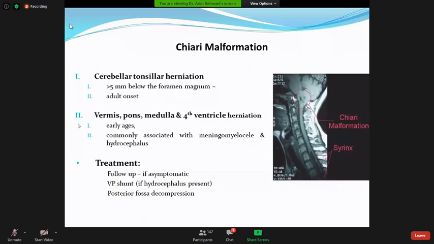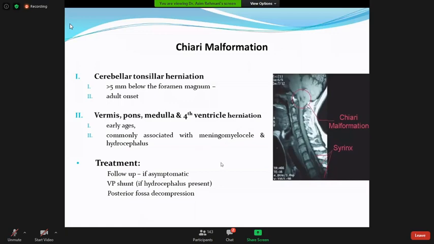The second type of Chiari malformation is in which the vermis, pons, medulla, and part of the fourth ventricle herniate below the foramen magnum, and it is usually found in neonates or early ages. And this is the category which is associated with myelomeningocele and hydrocephalus.